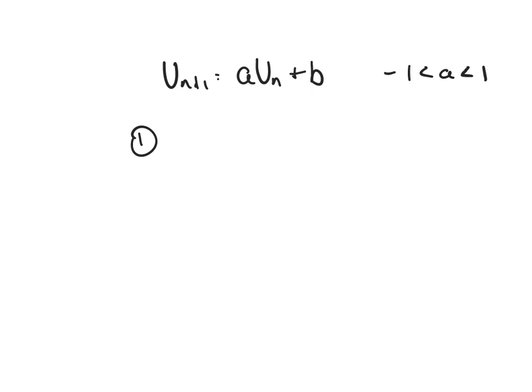Find the first 6 terms and the limit of the recurrence relation given by u_(n+1) = 0.6 u_n + 12 when u_0 equals 20.